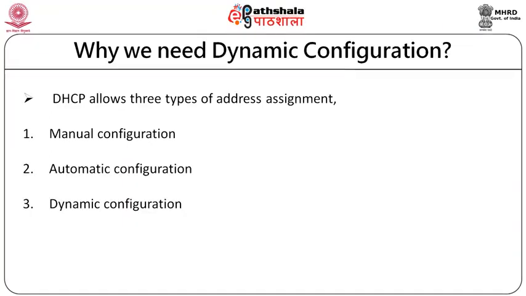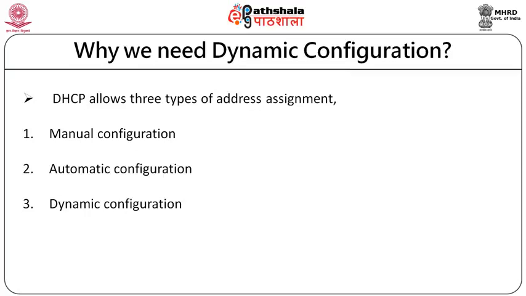Now, regarding how address assignment is done, there are three configurations available. The first is manual configuration. Manual configuration says that whenever an administrator or manager wants to configure a specific address, that specific address is assigned to the connected device on the network.